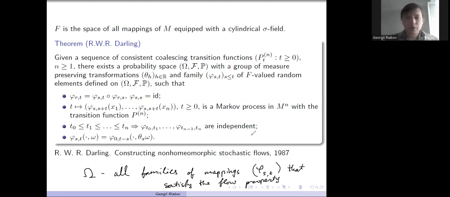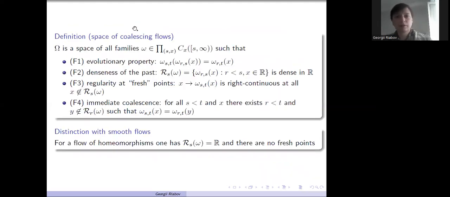And all issues with measurability come from this: the space is too big to give a process with nice properties. This space is similar to what is done in Kolmogorov's theorem when we construct the process on the space of all functions. So the idea is to make the probability space smaller, and this can be done in the following way.